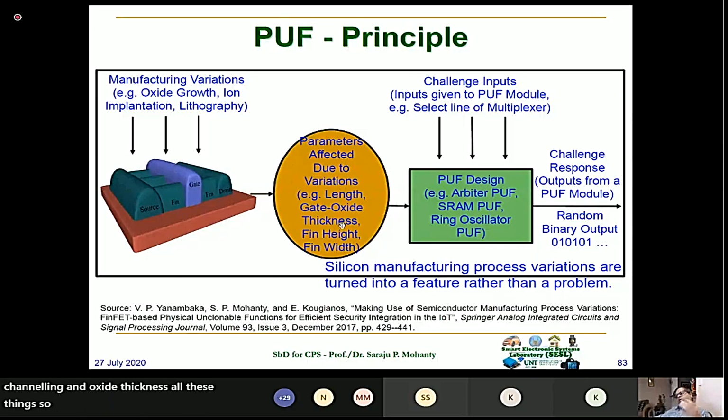Those variations are at the nanoscale, 10 to the power minus 9, and they happen because of manufacturability and so on. If you capture those variations as a response, we get the randomness that we are looking for, which can be used in security mechanisms. That's the big idea. So essentially, semiconductor manufacturing process variation is used as a useful thing for security applications.